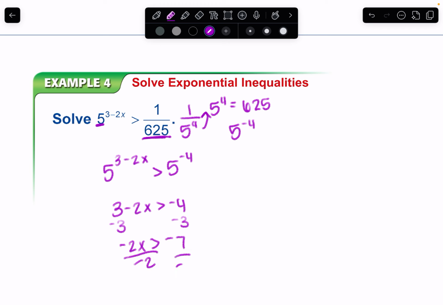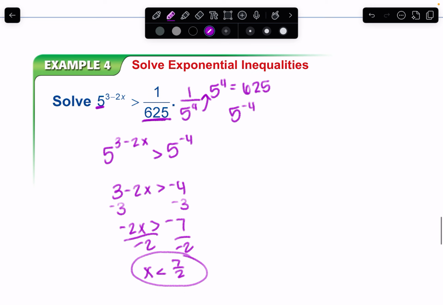I'm going to divide by negative 2. Remember, when you divide by a negative with inequalities, your inequality symbol flips. So instead of greater than, it's now going to be less than. And then I have a negative 7 divided by a negative 2. So I will end up with x is less than 7 over 2. You can leave that as a fraction, change it to a decimal. Either answer option is fine.